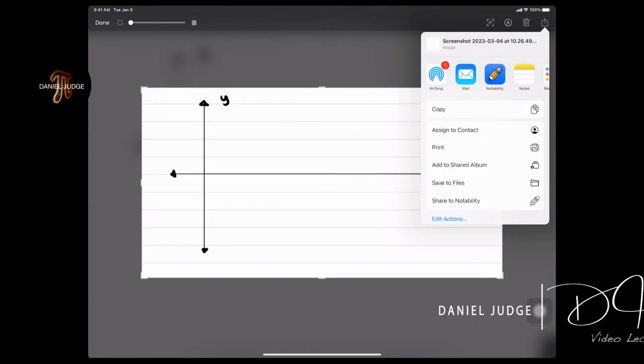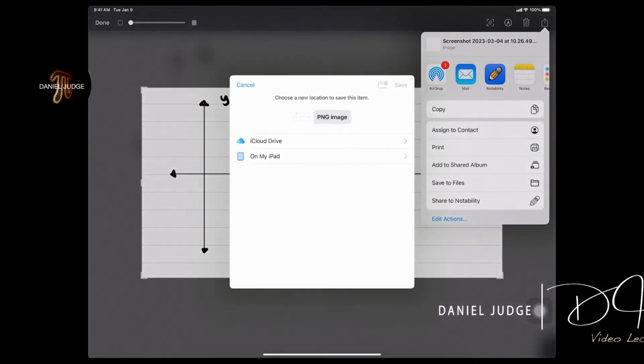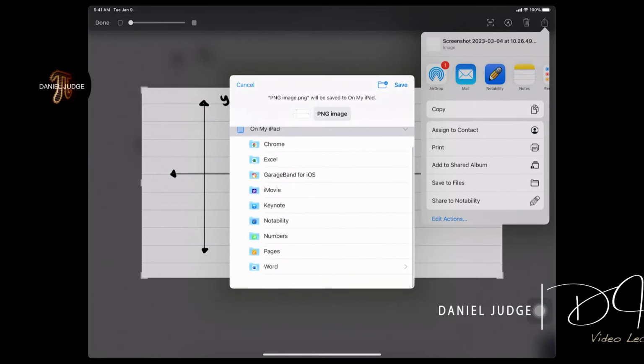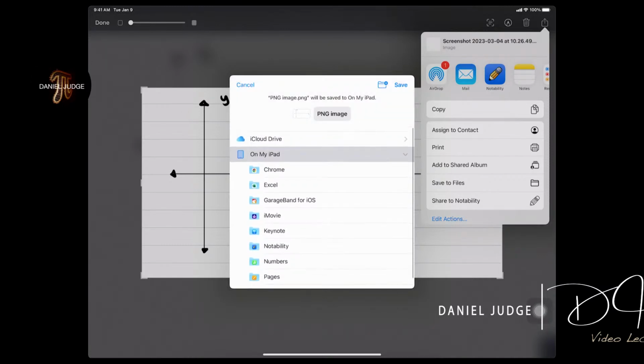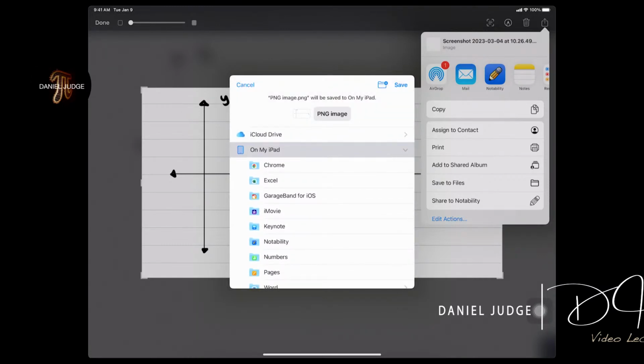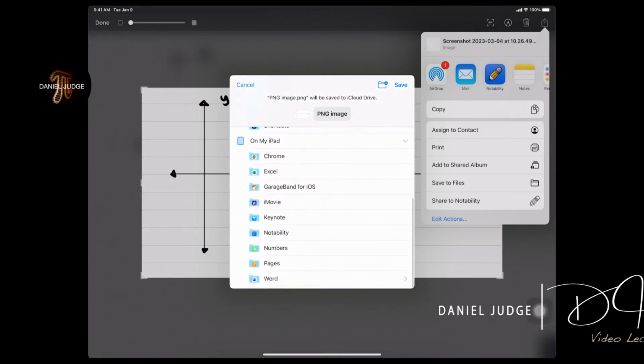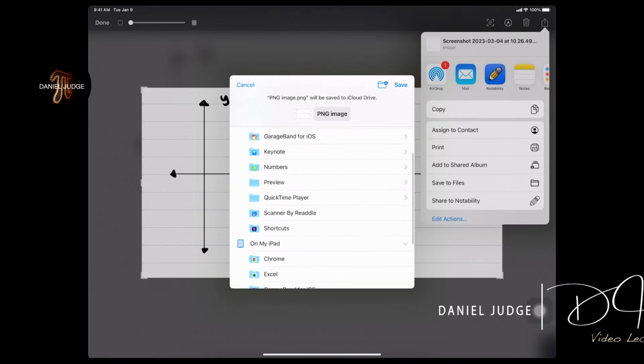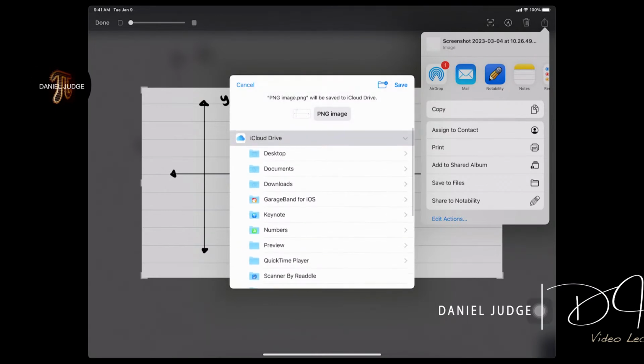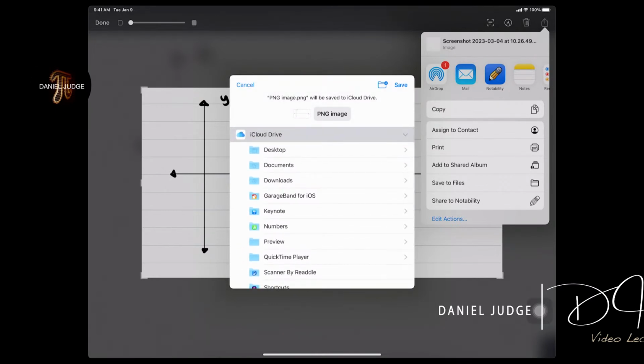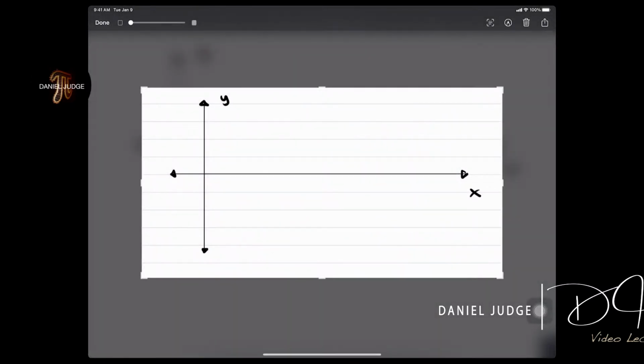Just save to files, I guess, on my iPad. I don't know. All right.